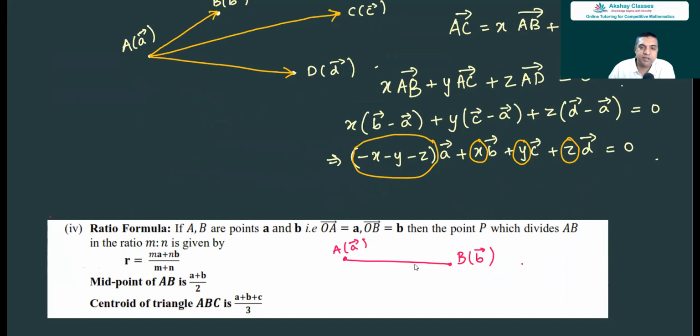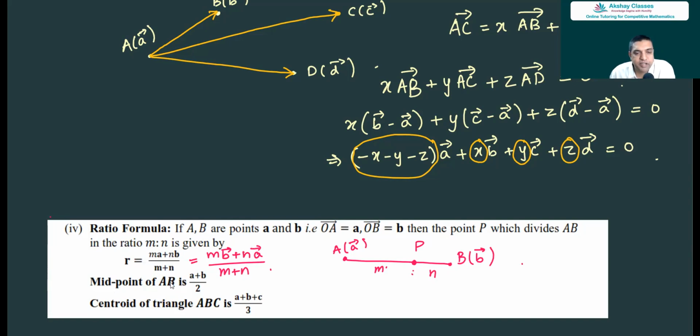Then a point P which divides AB in the ratio M is to N is M times B bar plus N times A bar upon M plus N. Actually, this should be reversed; it should not be M times A bar.